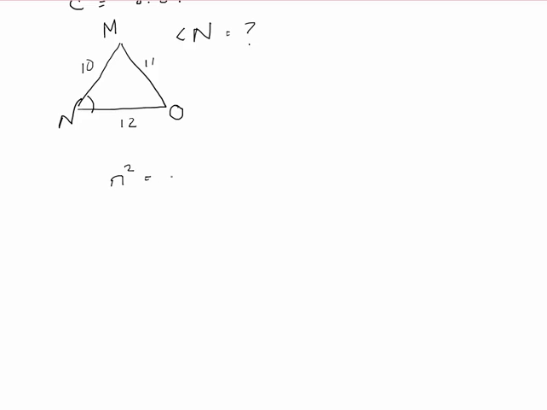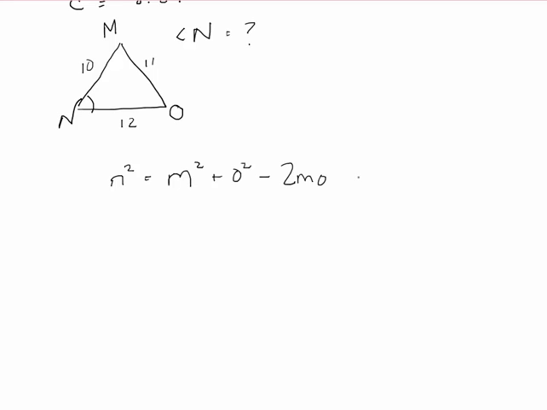One last example here that we'll do together is now using cosine law to solve for an unknown angle. So let's just change our letters to be sure that we can write our formula: M, N, and O. So we're going to look for angle N. That'll be our unknown in this one. And we know all side lengths of 10, 11, and 12. Because it's angle N that I'm going to be solving for, I need to start with side length N. And I have my other ones written in here.